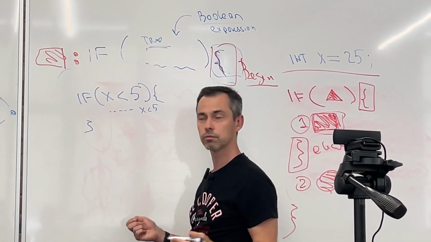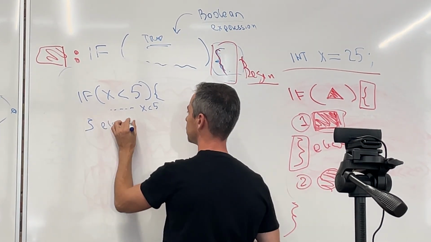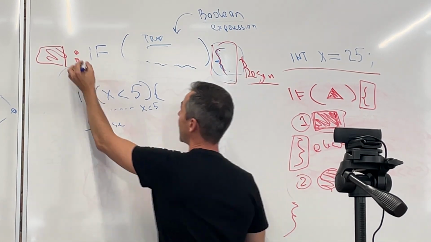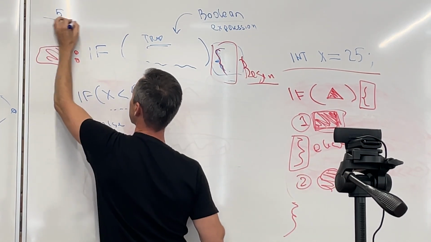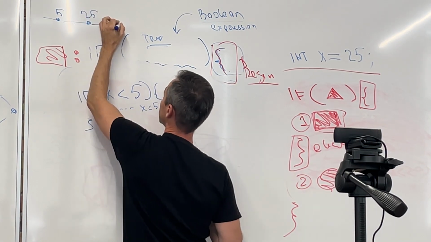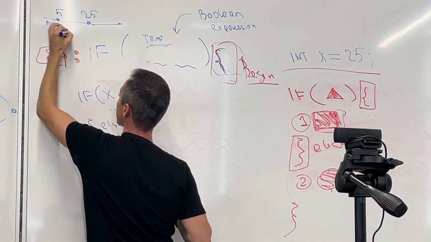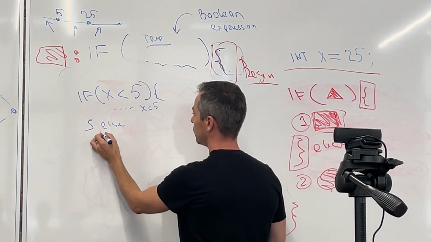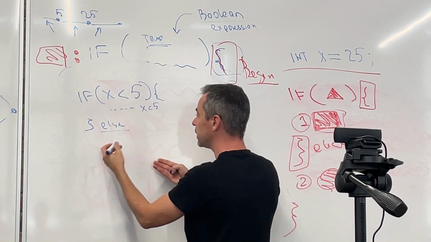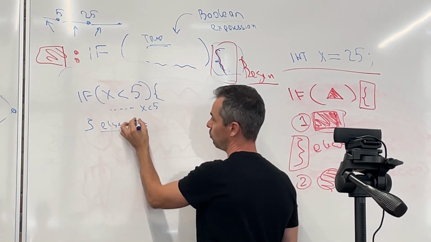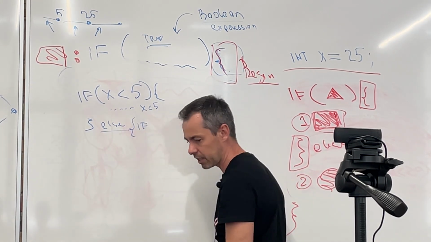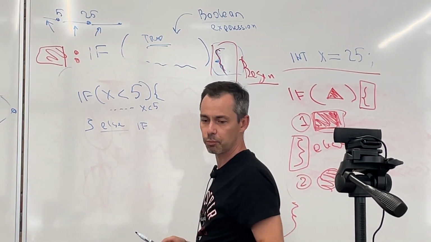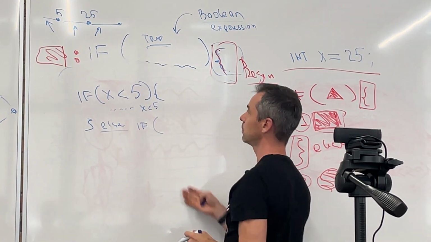But if not, I write else. But then I have a new expression, because, for example, I want to check if it is less than 5, if it is less than 25, if it is more than 25. I want to check where my variable is. So I write else, and here I could put if, or I could even make these brackets, but to make it more concise, we could just put if like this, and put another expression.